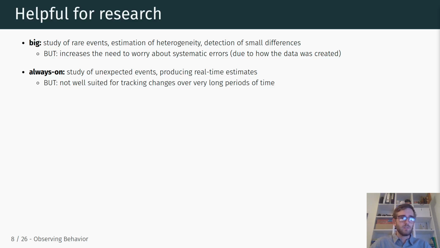But again, this also comes with disadvantages, because while we're able to produce these real-time estimates and look at changes over short periods of time, that doesn't necessarily mean that always-on data sources are well suited for tracking changes over very long periods of time.